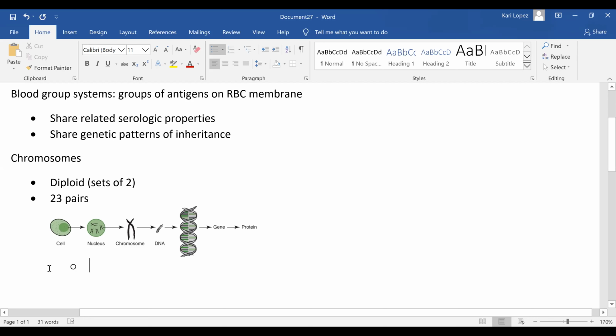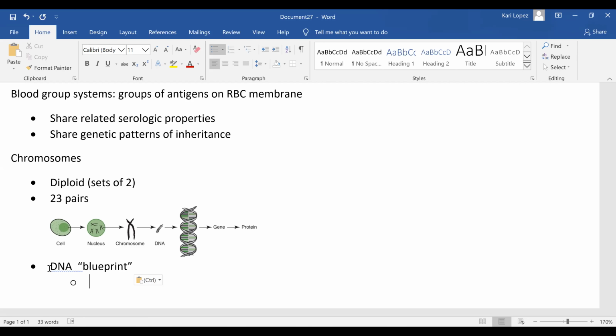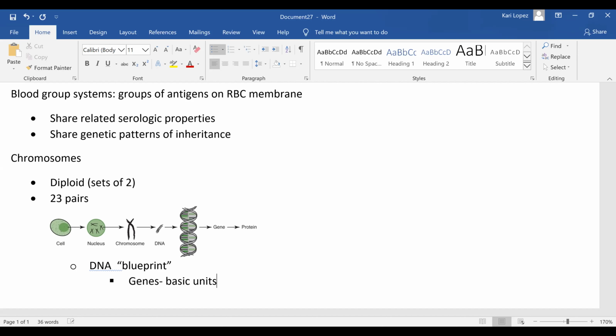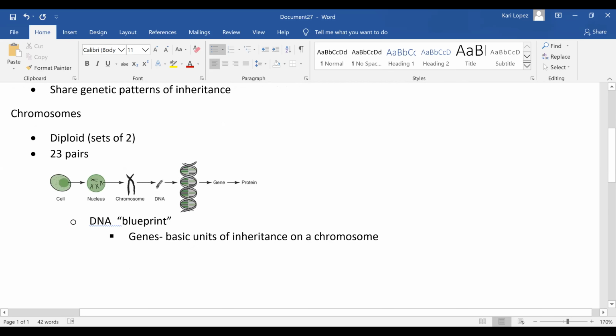So it goes from your chromosomes then to your DNA, which is your blueprint. And then from DNA, it goes down one further to your genes. And what are your genes? What you inherited from your mom and dad? Exactly. Yep, basic units of inheritance on a chromosome.